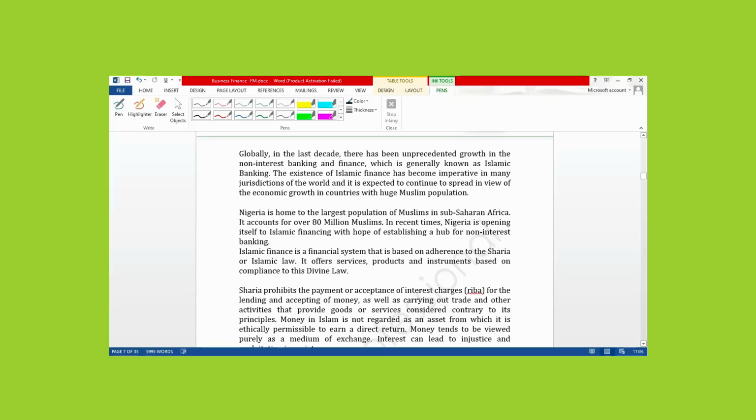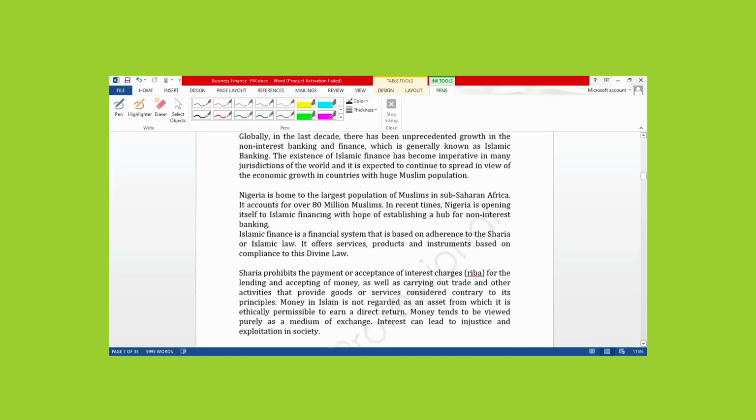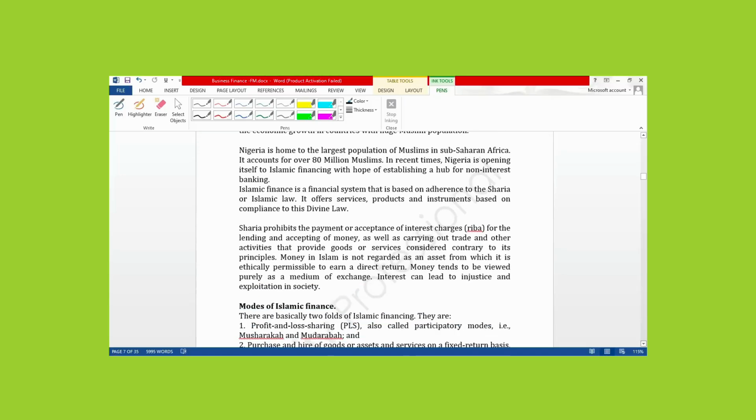Money is not an asset that can be traded. Rather, money is a medium of exchange. You cannot sell money and buy money. You can only use money to facilitate transactions.